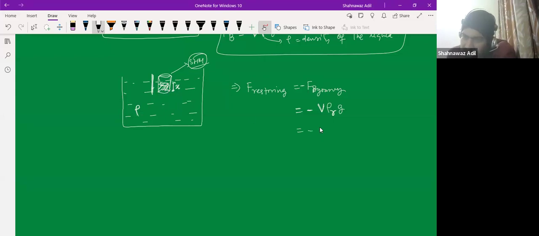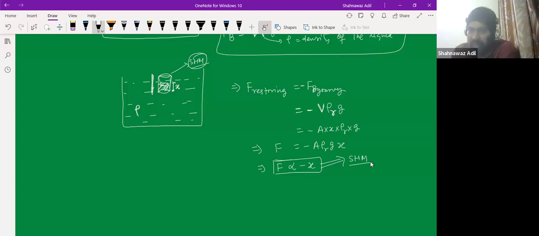That would be area into height x. So this is rho r, and then g. So this is minus A rho r g x. Here A is constant, rho r is constant, g is constant. So F is proportional to what? Minus x. So this will show SHM. Is it clear?